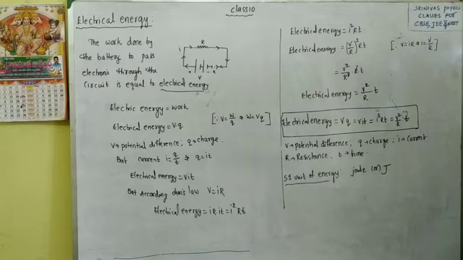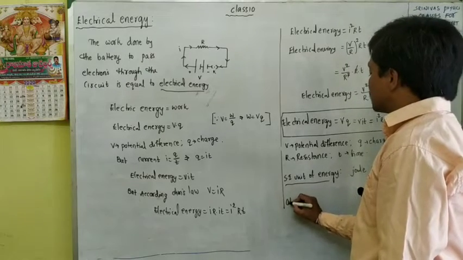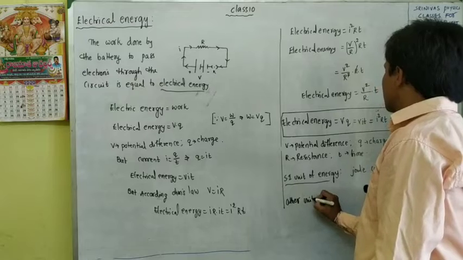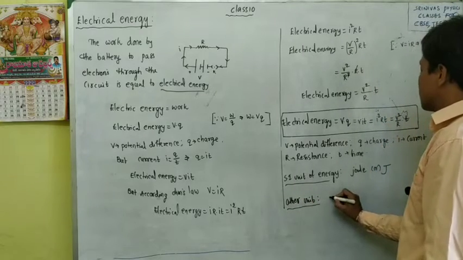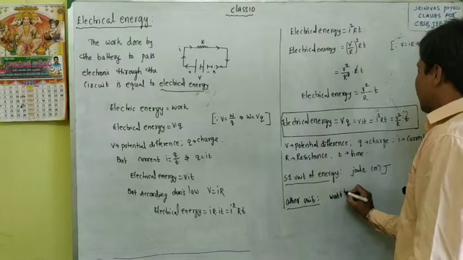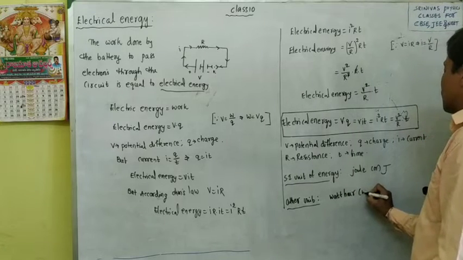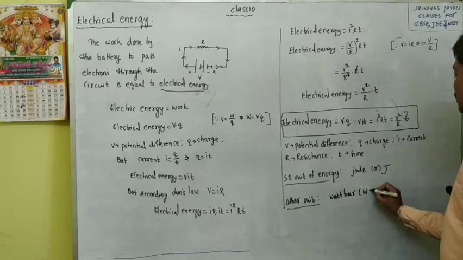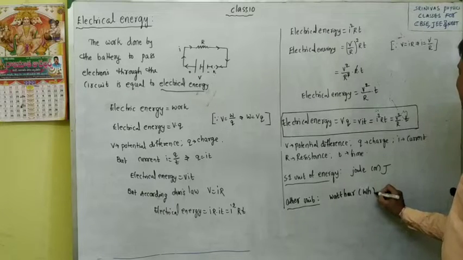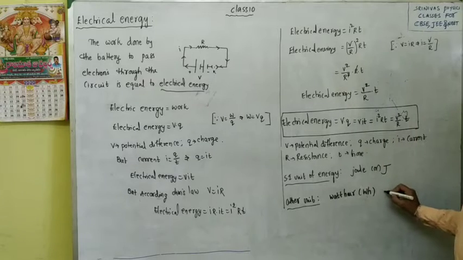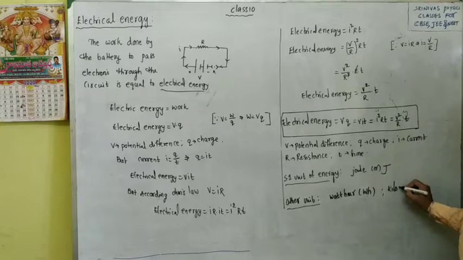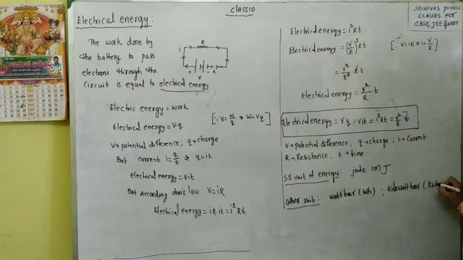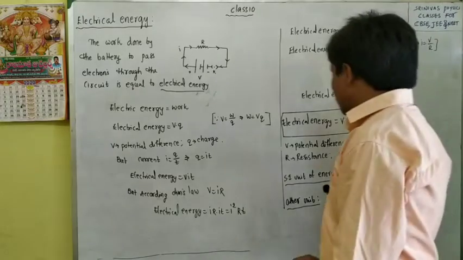And one more unit, another unit of electrical energy, is watt hour, WH, or kilowatt hour, kWh.